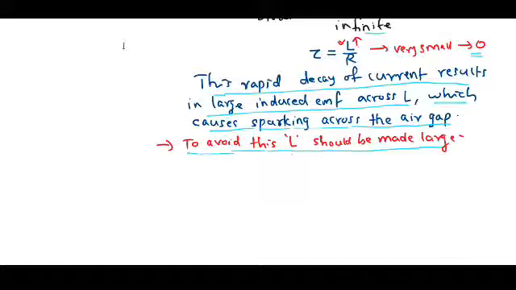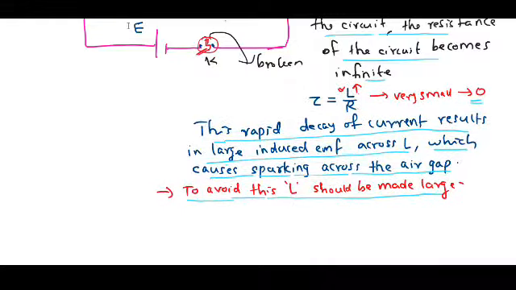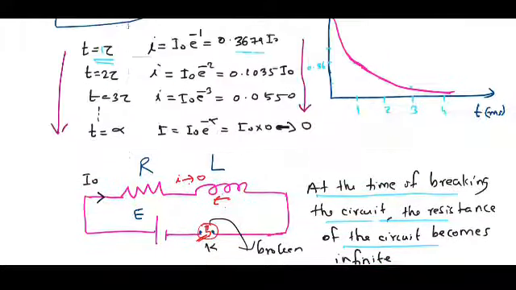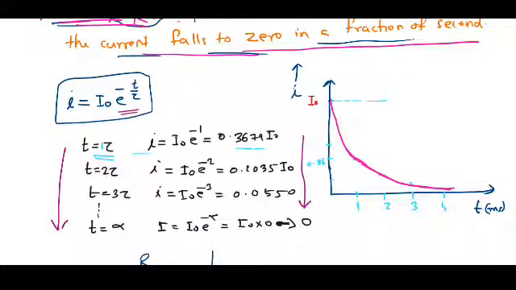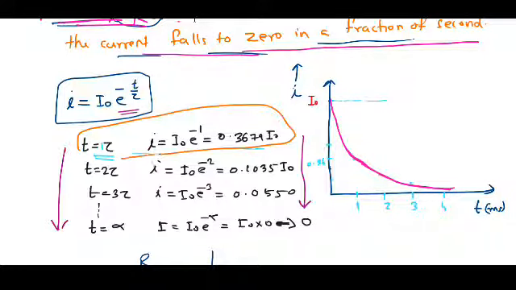Thus, the time constant tau of the RL circuit may also be defined as the time in which the current in the circuit falls to 1 by E of its maximum value when the external source of EMF is removed. By looking at this expression, we can define the time constant in this way. Time constant means the relaxation time.